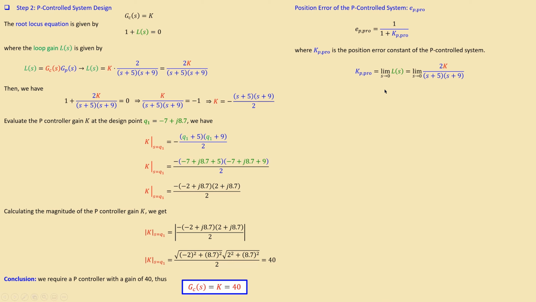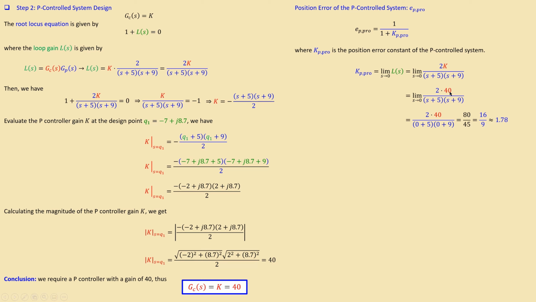So I just substitute the value for L(s), which is just this, in here, and in the next step evaluate it in more detail by substituting the value of K, which is already determined, and then substitute the value of s equal to 0. Do the math for yourself, you will get 80 over 45.